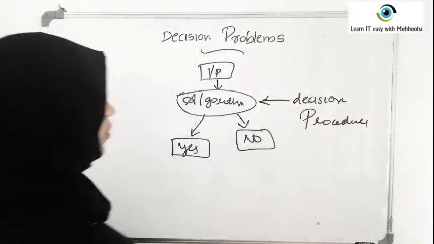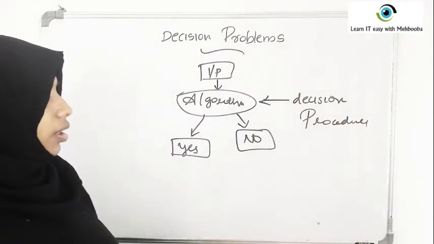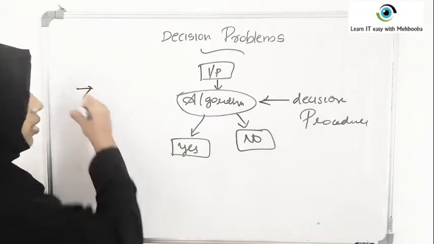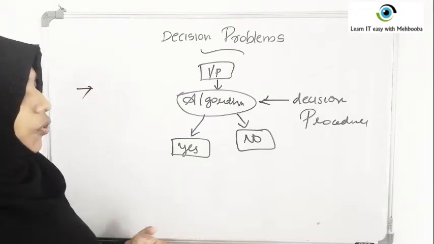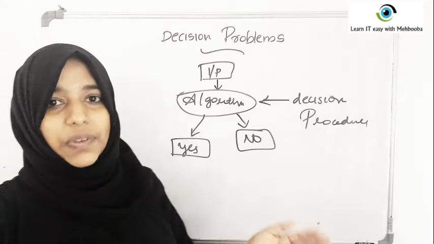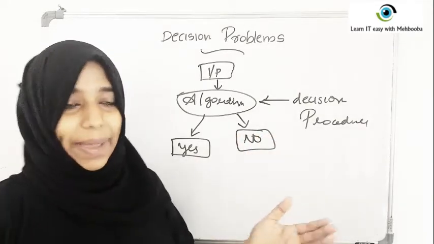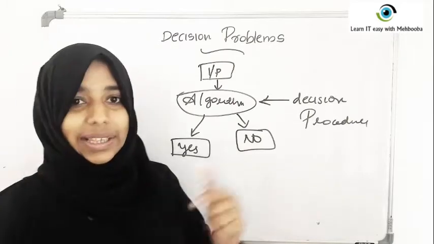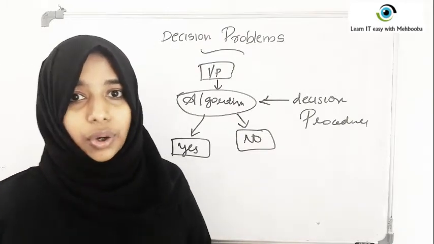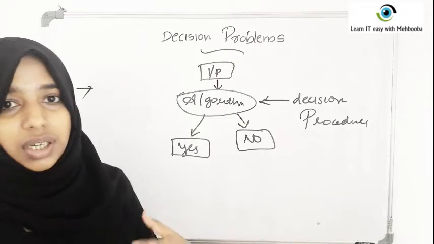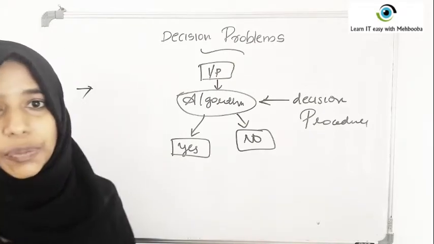For examples of decision problems, we can have problems like whether this number is prime or not, whether this DFA accepts this string or not, whether this Turing machine accepts this input or not, or whether these two DFAs are equivalent or not. All such questions are examples of decision problems.